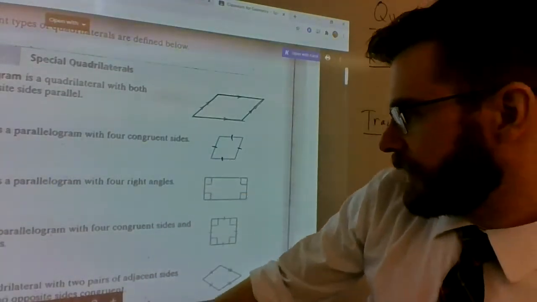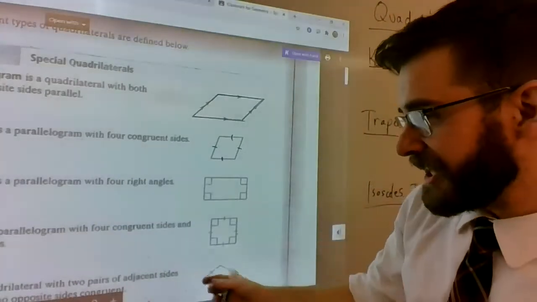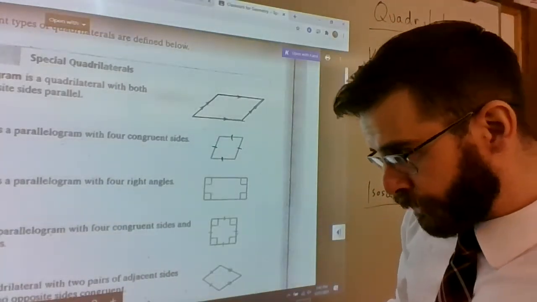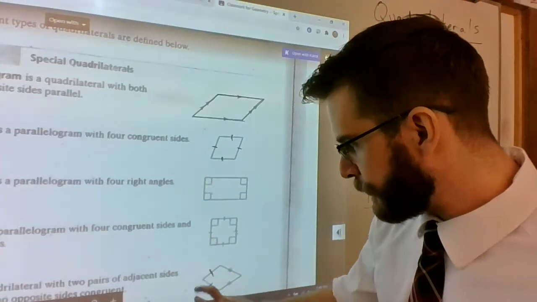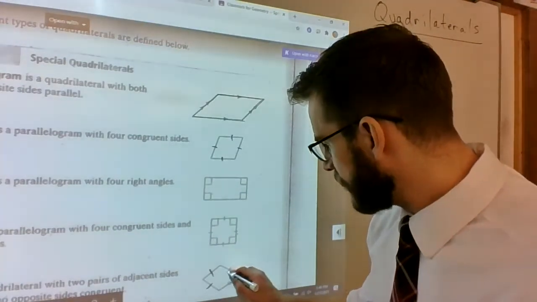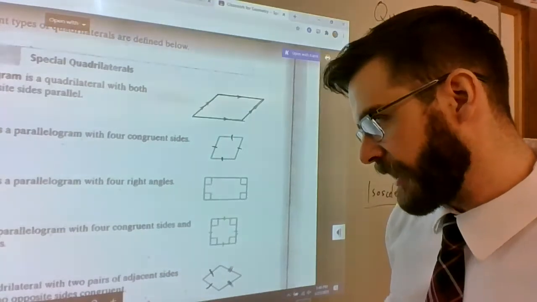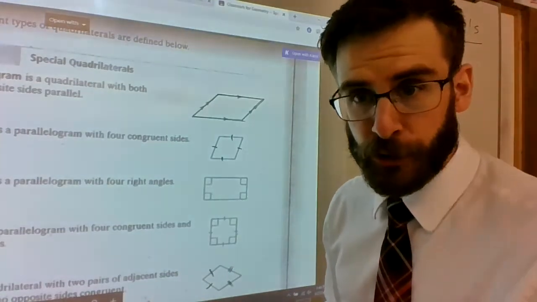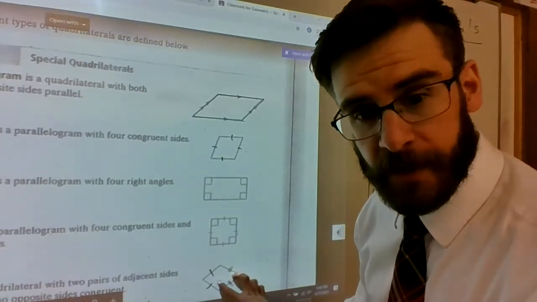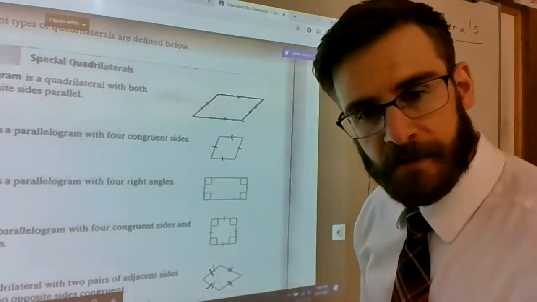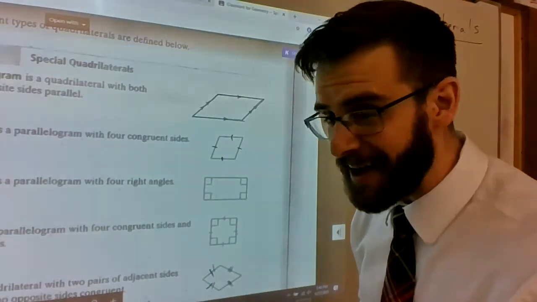It has two pairs of adjacent sides that are congruent, so these would be called adjacent sides. There's one pair of congruent adjacent sides. Here's a second pair of congruent adjacent sides, but none of the opposite sides are congruent, okay? If the opposite sides were congruent, then it would be a rhombus, but it's not.